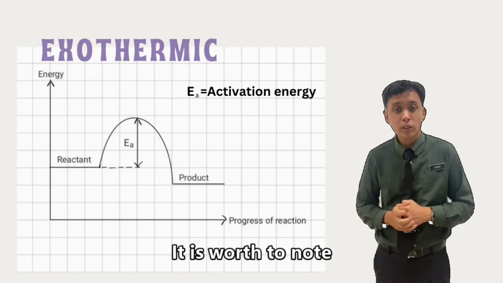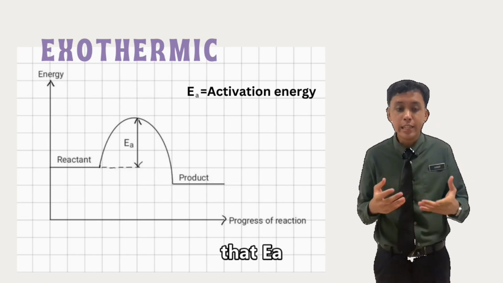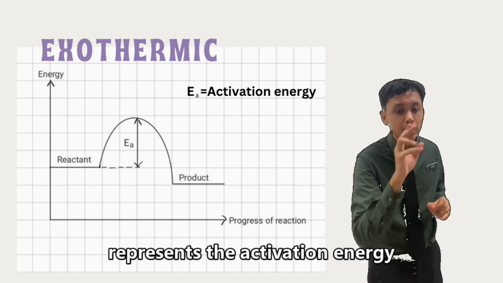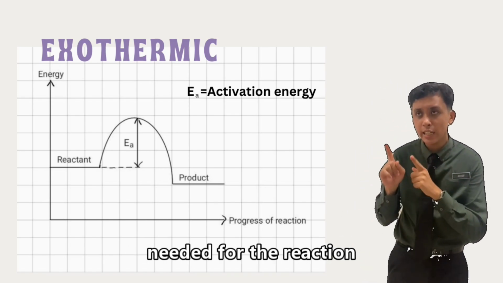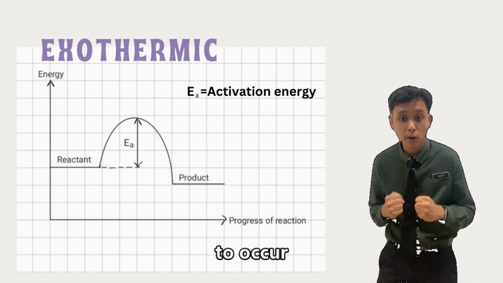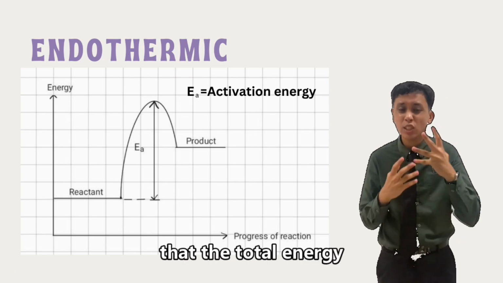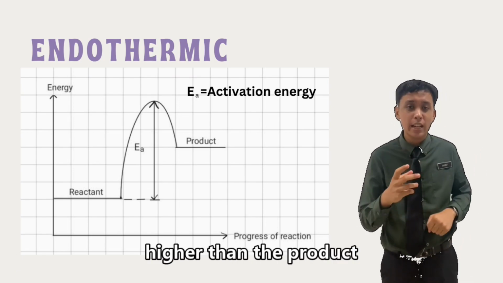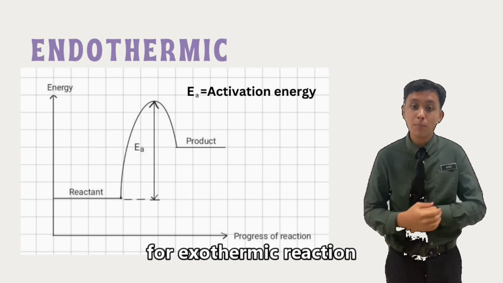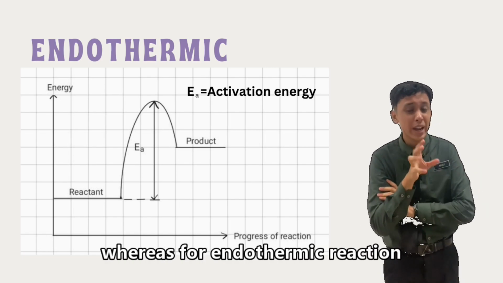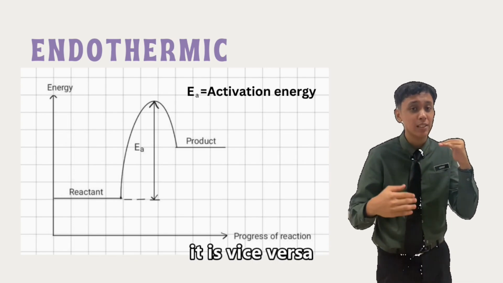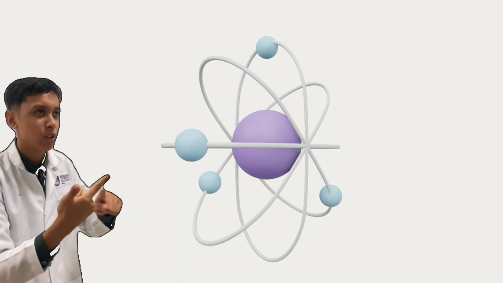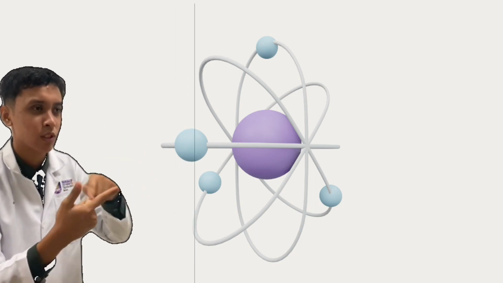It is worth noting that EA in the energy profile diagram represents the activation energy needed for the reaction to occur. Note that the total energy of reactant is higher than the product for exothermic reaction, whereas for endothermic reaction it is vice versa. Exothermic, endothermic, exothermic, endothermic.